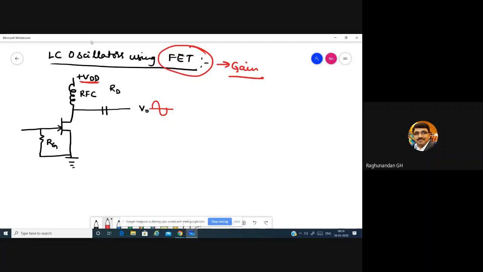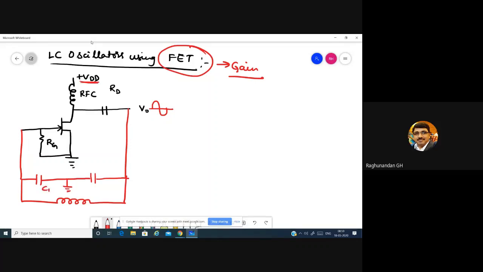So now let us take the feedback network. This is the feedback network I have given. By this time we would have got an idea of what kind of oscillator I am talking about.